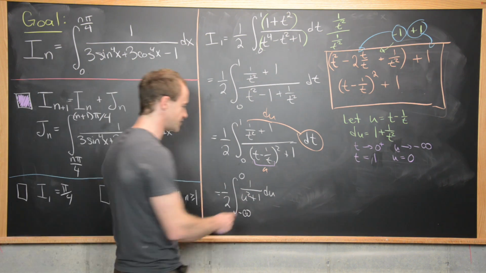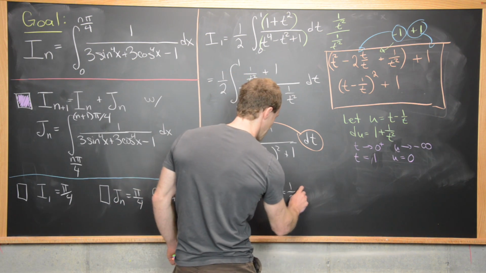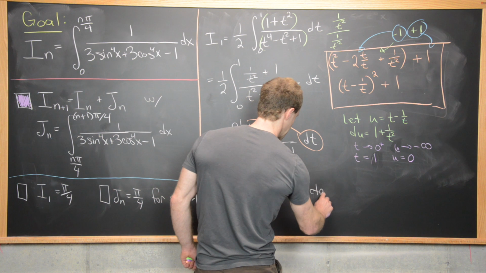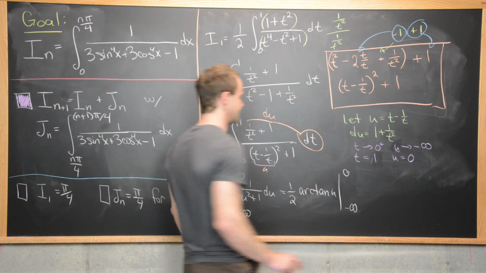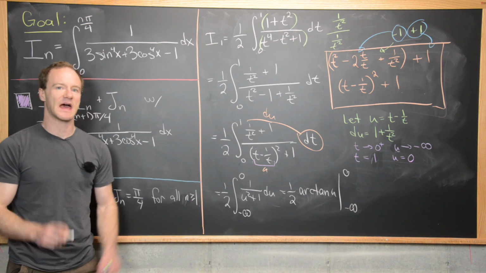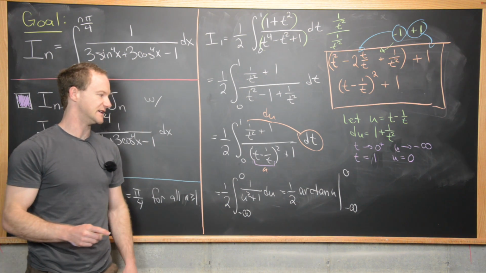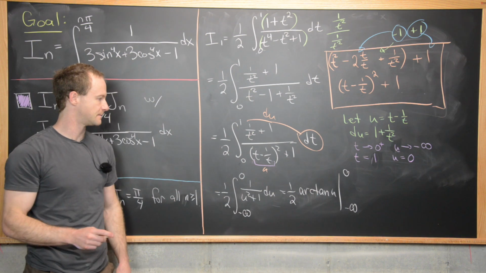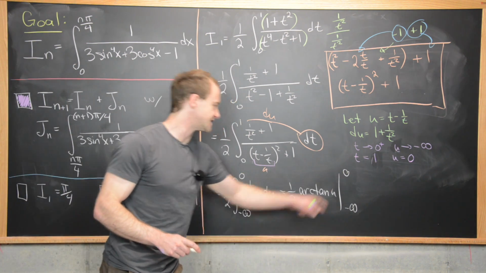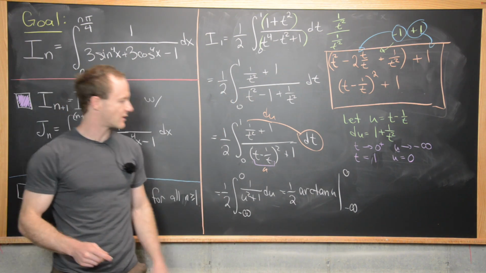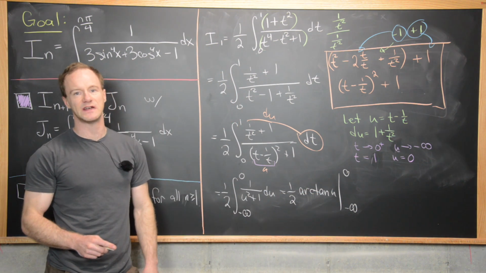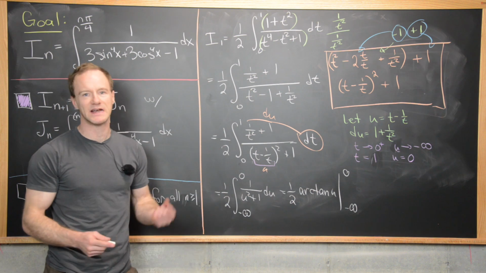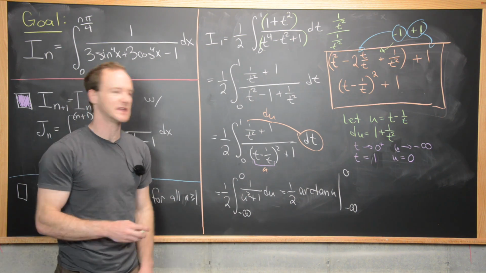It's the inverse tangent, so that gives us 1/2, and now we've got the arctan of u, and then we're evaluating that from minus infinity to 0. Just keeping in mind that evaluating it at minus infinity is really taking a limit. Okay, so plugging in 0, the inverse tangent of 0 is 0, and then the limit as u approaches minus infinity of the inverse tangent is minus pi over 2, so that's something good to keep in mind.